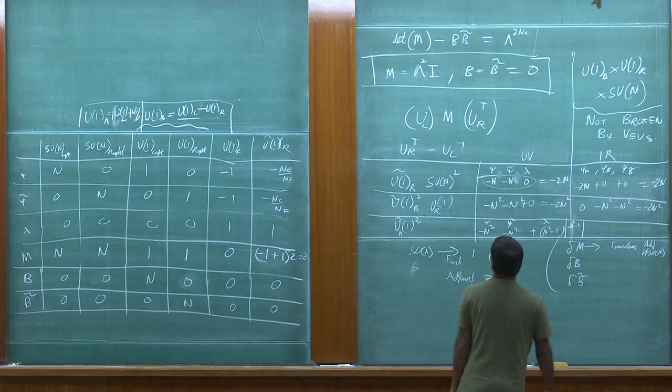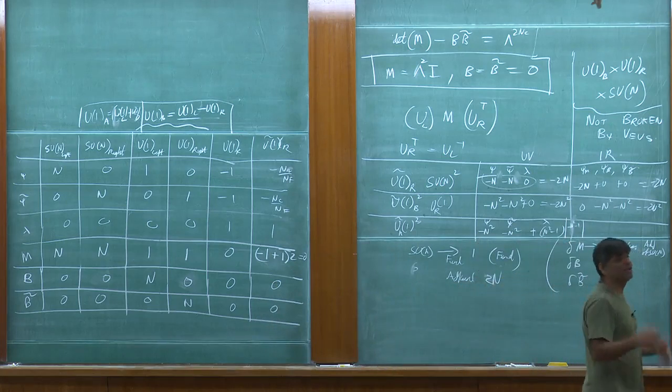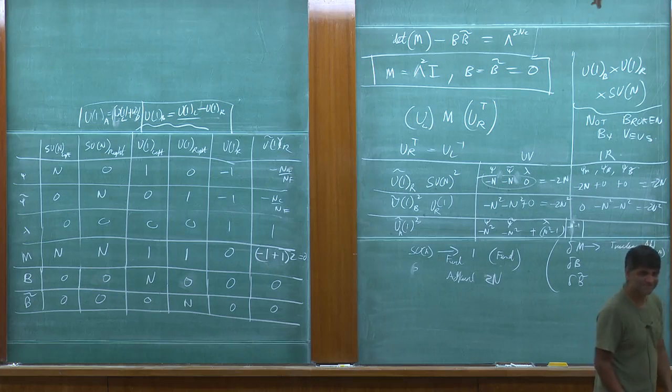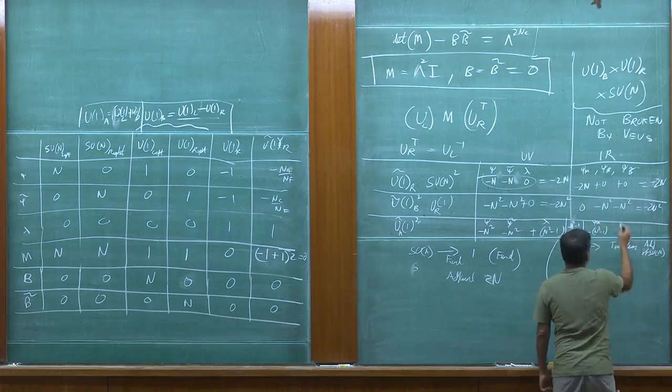Every field in the game carried U1R charge -1. So we'll get -1 times the number of such fields. So from psi m, we'll get minus of n squared -1.